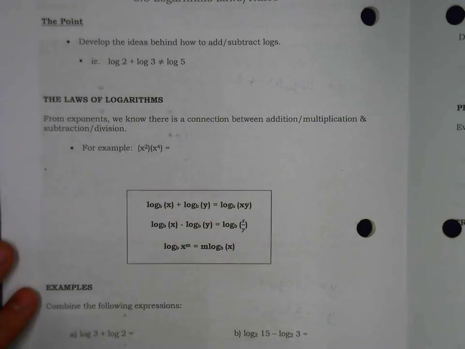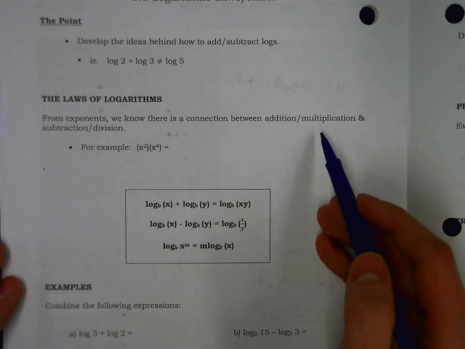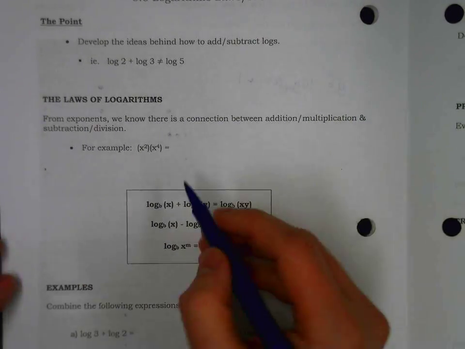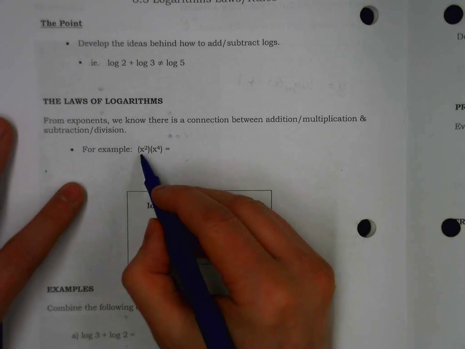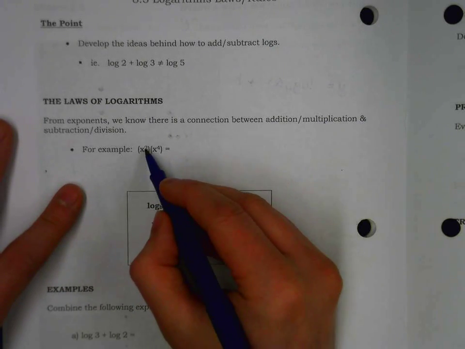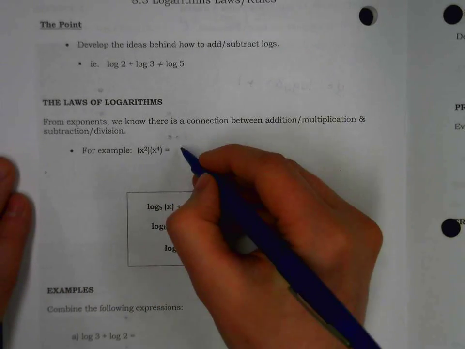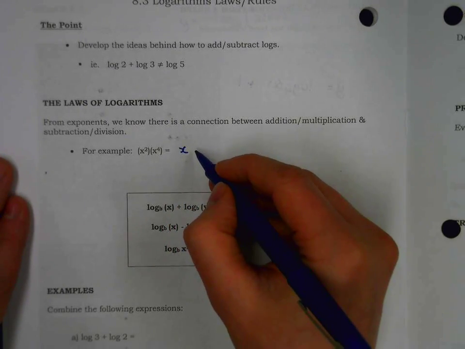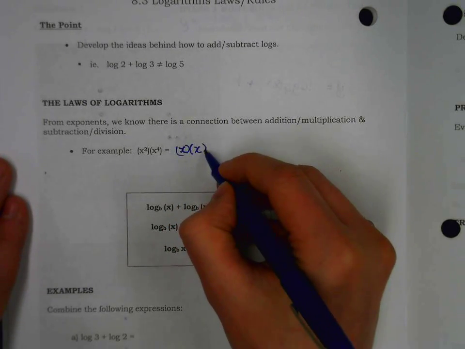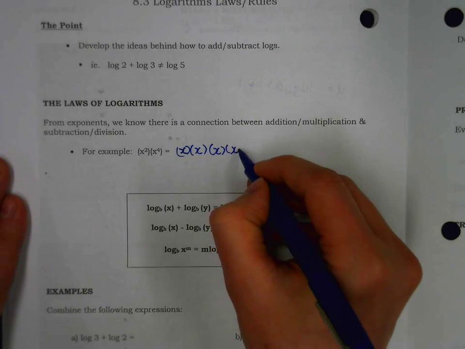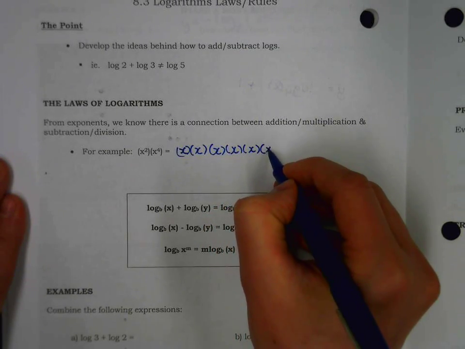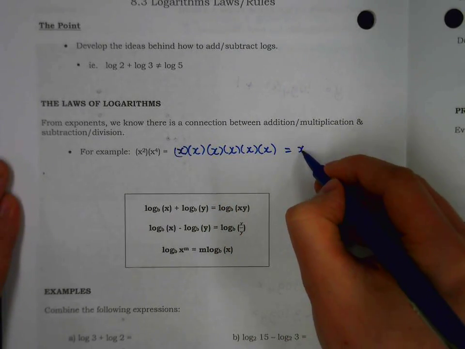But from exponents, we do know that there is a connection between adding and multiplying, and subtraction and division. Like when we would say x squared times x to the 4, we are actually adding the powers because it's x squared and x to the 4, which does simply say there are 6 x's.